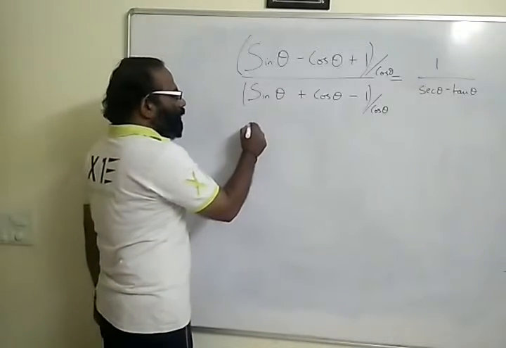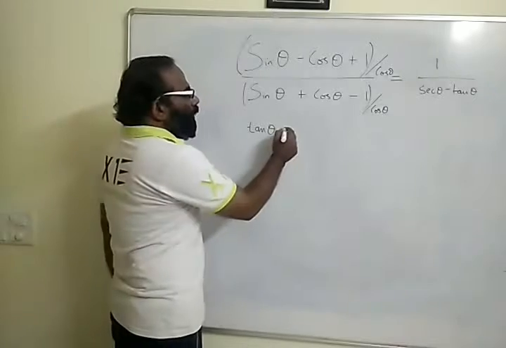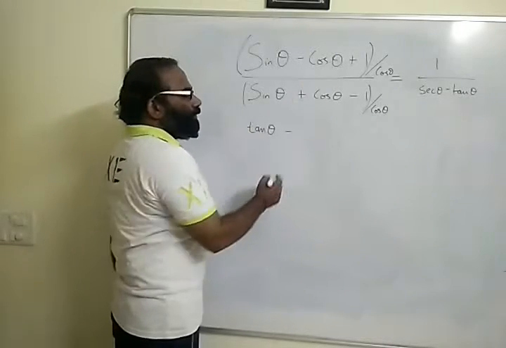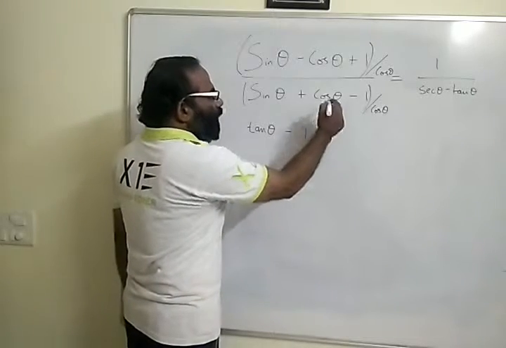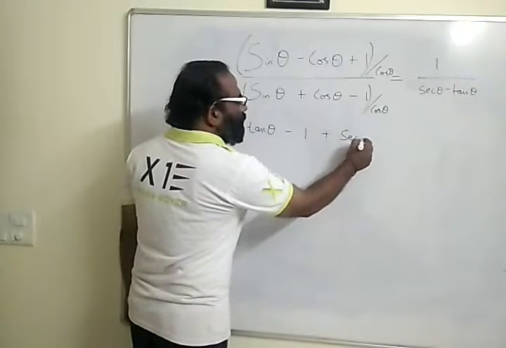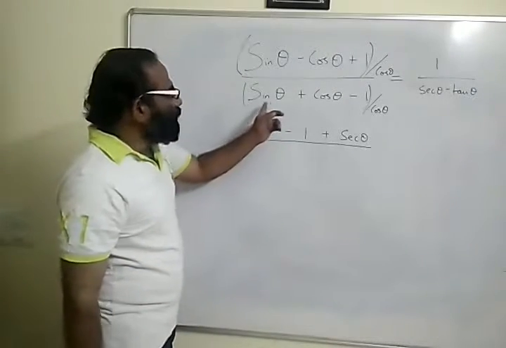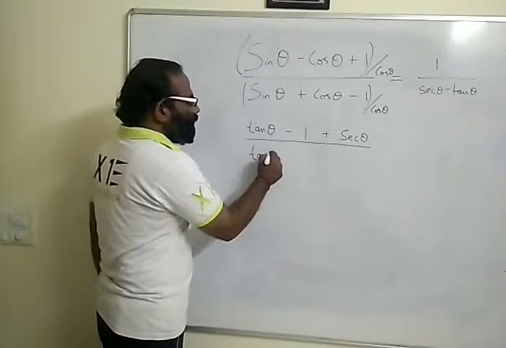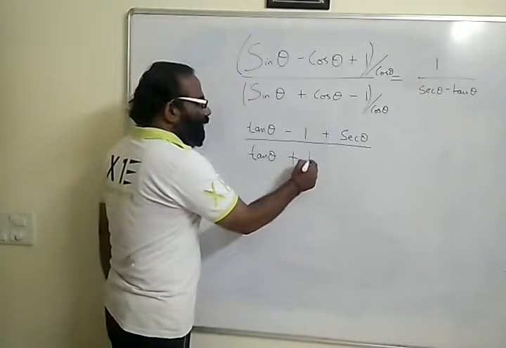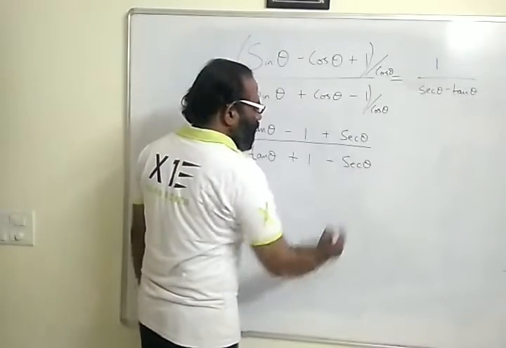Sin theta by cos theta, I get tan theta, minus cos theta by cos theta, that is 1, plus 1 by cos theta is secant theta, by tan theta plus 1 minus secant theta in the denominator, same case except for the signs.